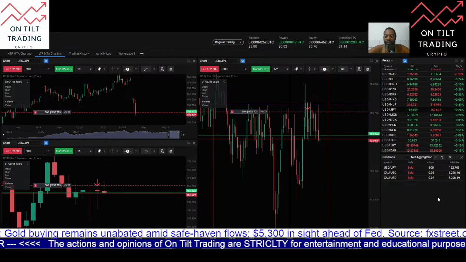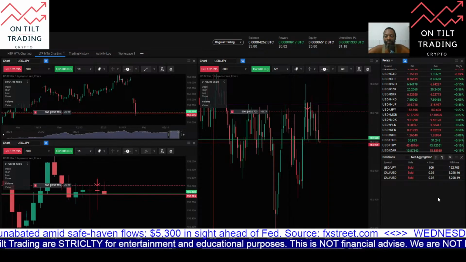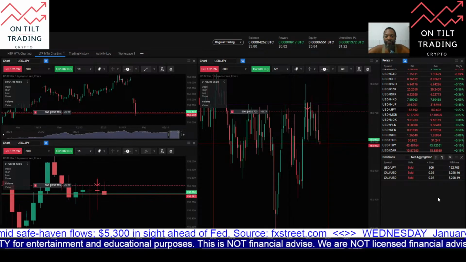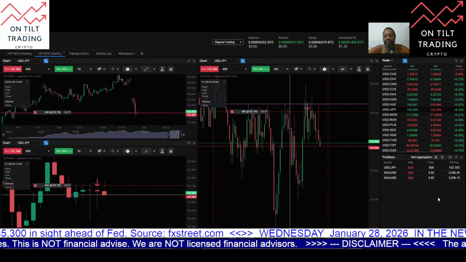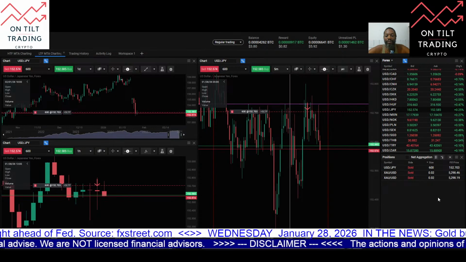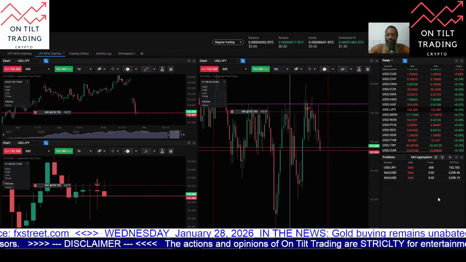Price consolidating here around the 152.600 level. Seeing some sell side delivery now. The newly formed swing low has now been taken out. Seeing some sell side delivery with some speed here.